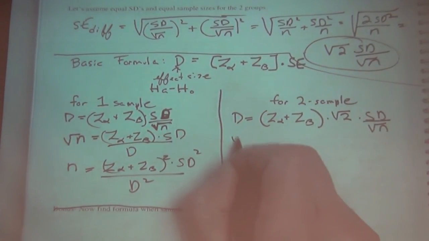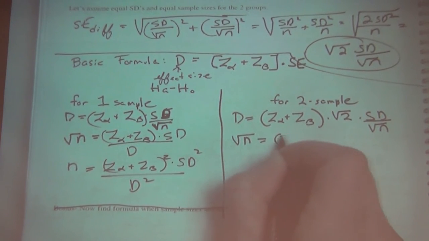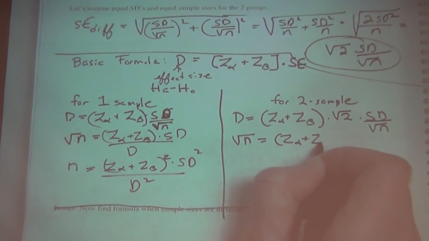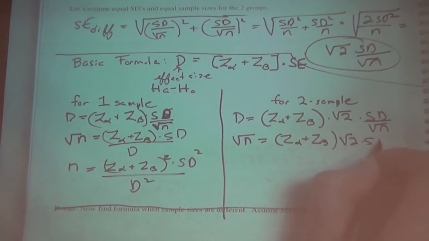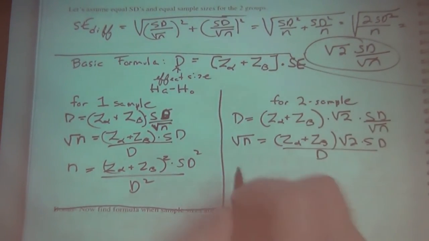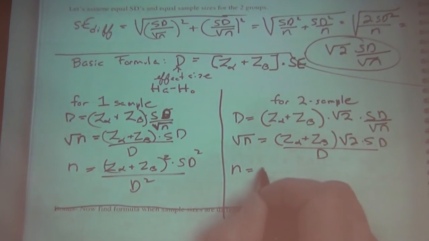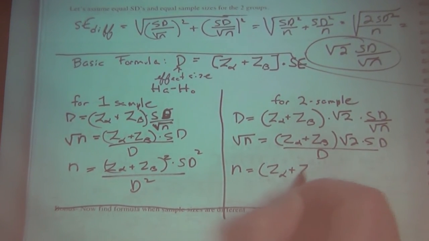So now we do the same thing: square root of n is equal to z alpha plus z beta times square root of 2 times SD over d. We square everything and we get this. So we get the same thing.